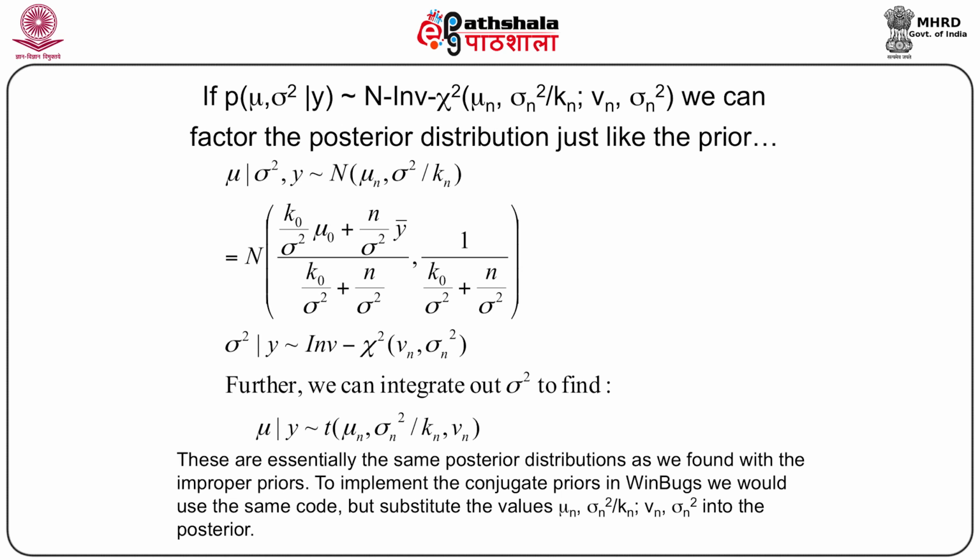So if we have y is normal with mu and tau, what priors would we choose for mu and tau? I would choose mu normal with mean 0 and variance T, and tau gamma with parameters A and B, where A and B are small numbers and T is a large number, which means it's a flat prior, the variance is large.